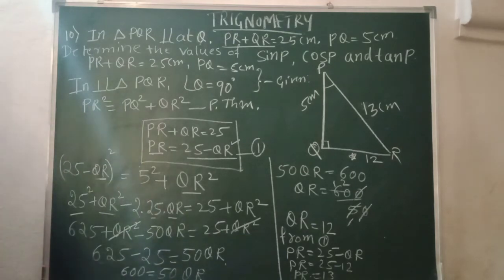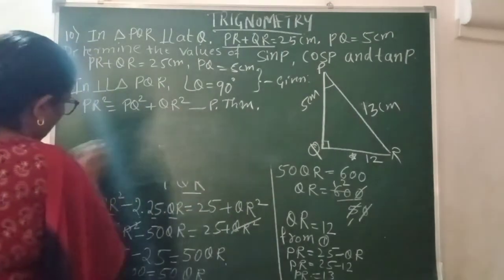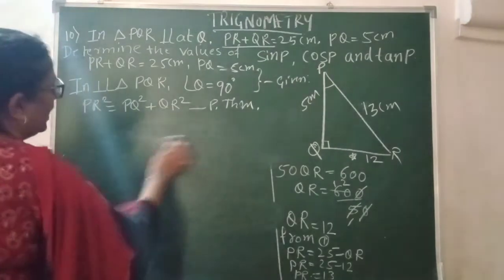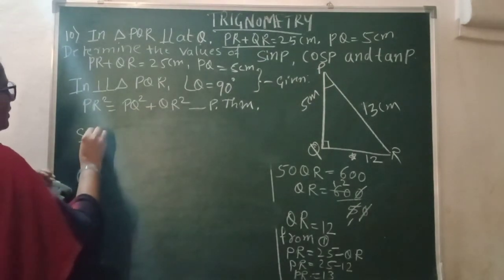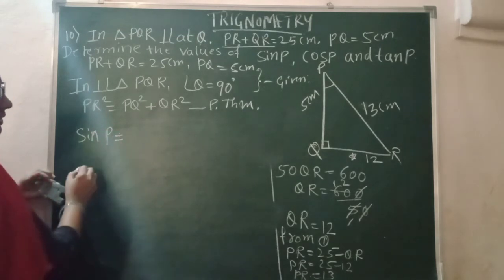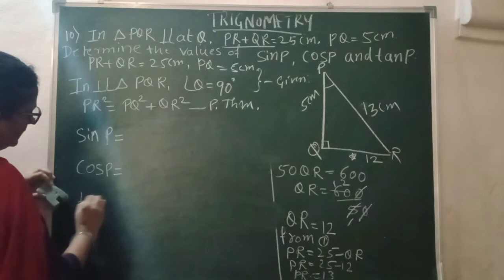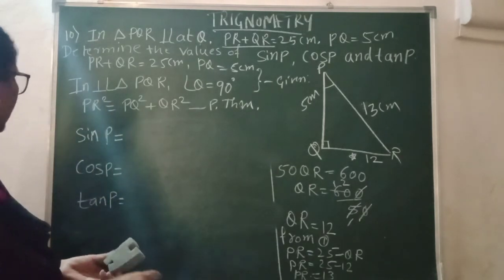Now we'll move to that. So now look at this one. You are asked to find sine P, cos P, and at the same time tan P. From the diagram we can find these values.